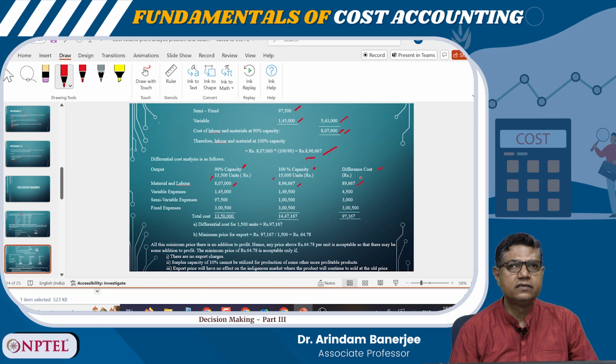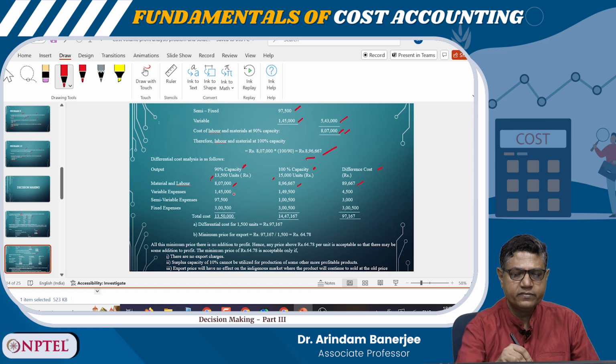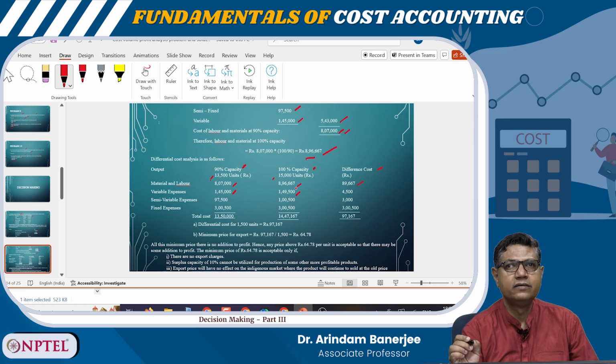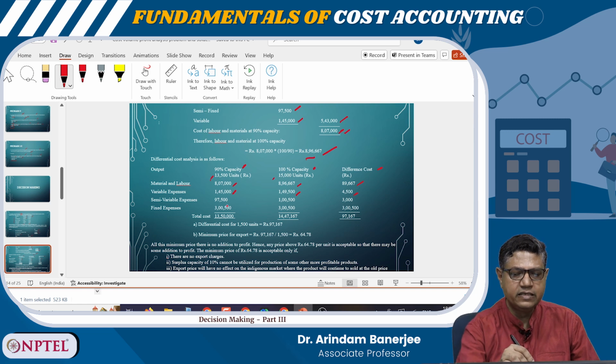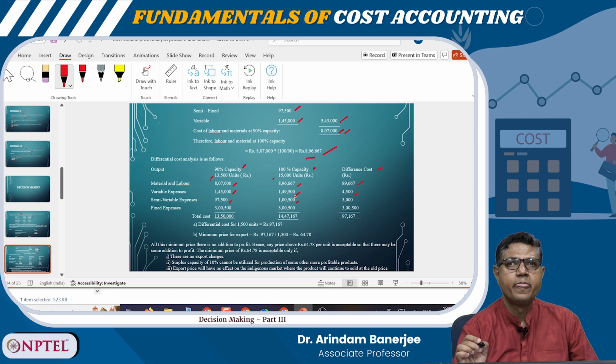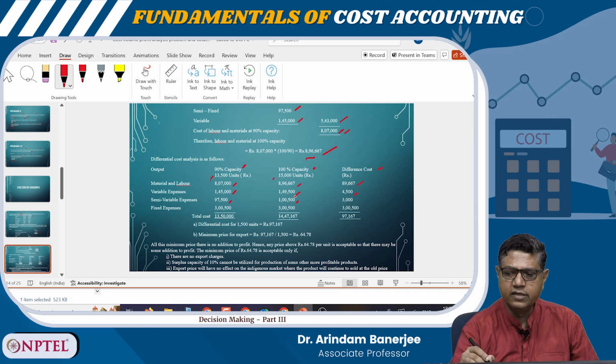Variable expenses 1,45,000 and 1,49,500. So, the difference is 4,500. Semi variable expense for 90% is 97,500, and at 100% capacity it is 1,05,000. So, the difference is 3,000.